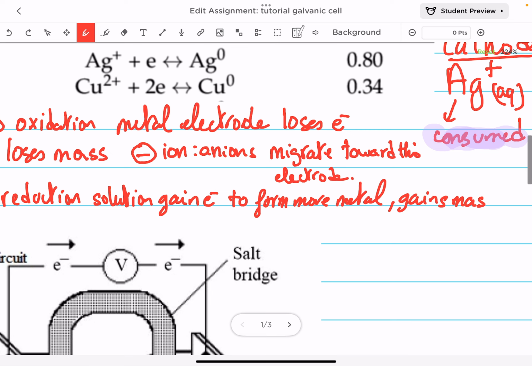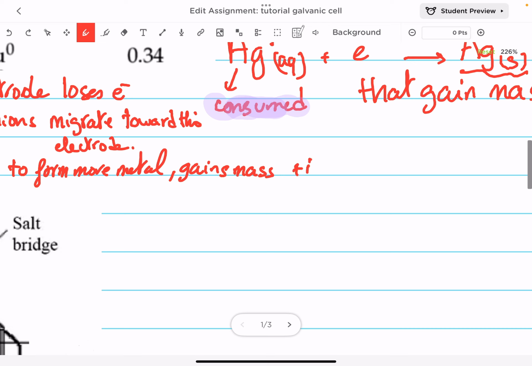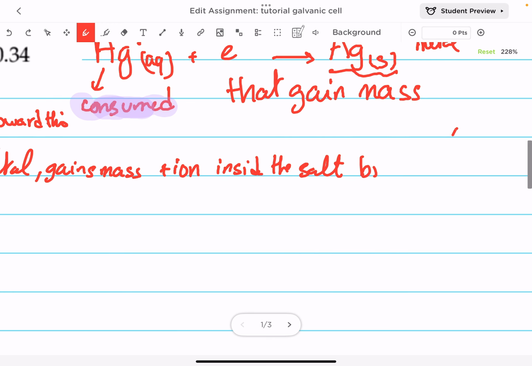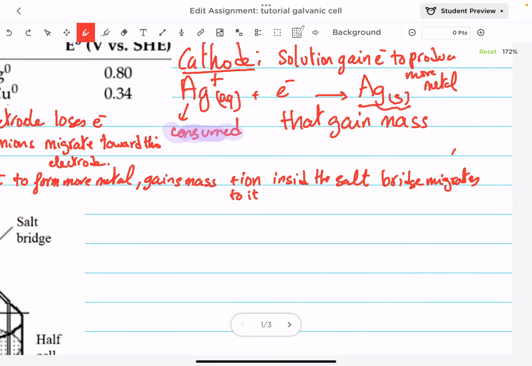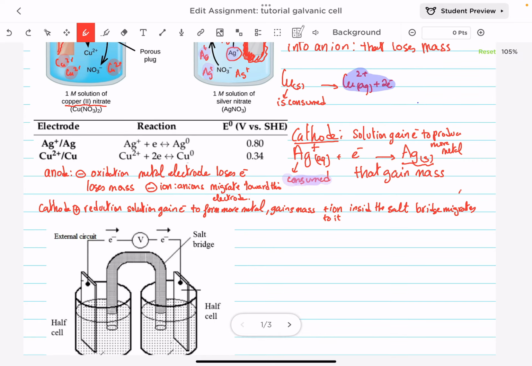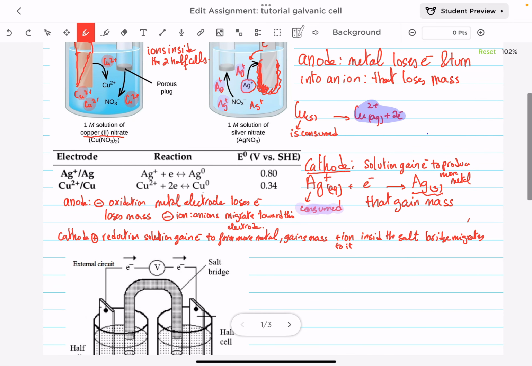It gains mass, and the cations, meaning the positive cations inside the salt bridge, migrate to it. I hope that this is clear.